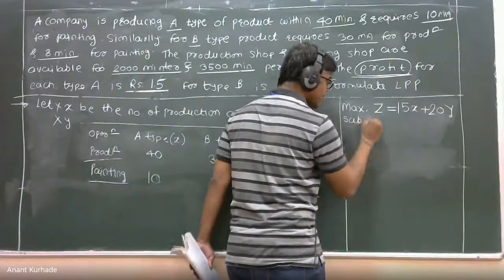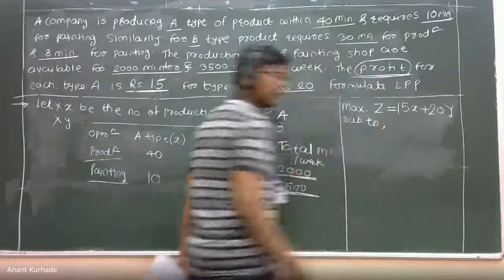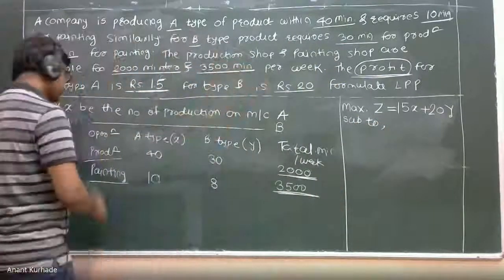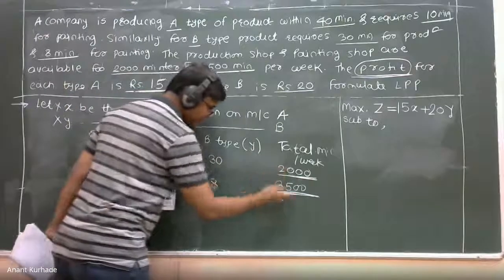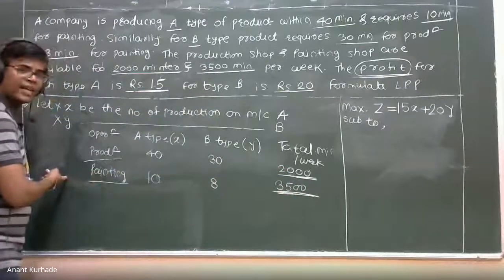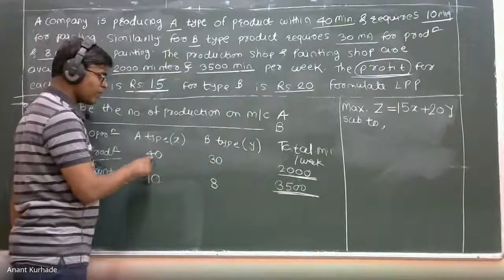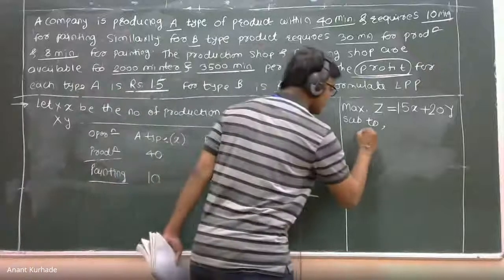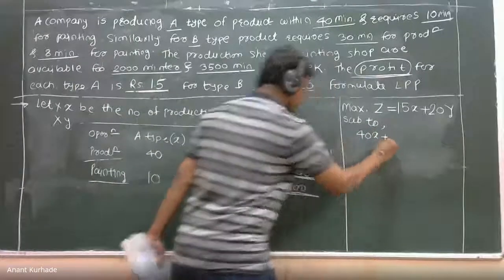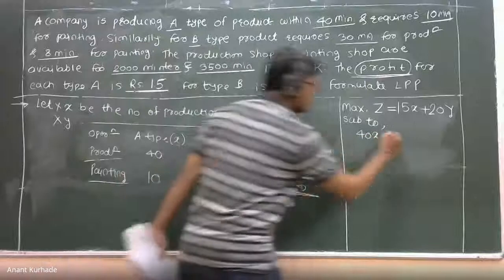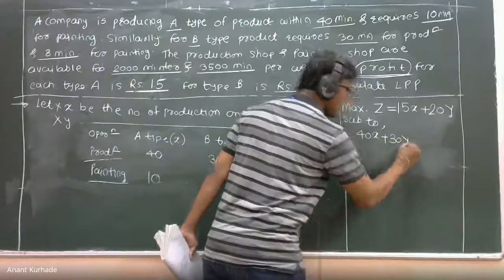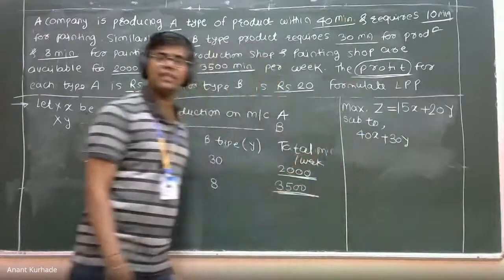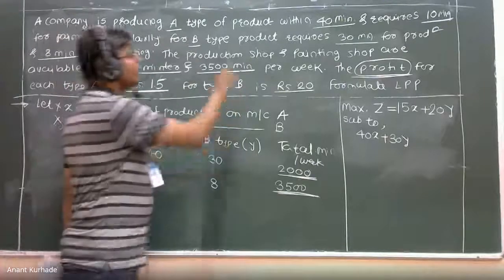So you can write here subject to, what is your first constraint? First constraint means this first line. Second constraint means this second line. So what can I write here? 40X plus 30Y. Now it is with maximization. For maximization, what do we have to use?